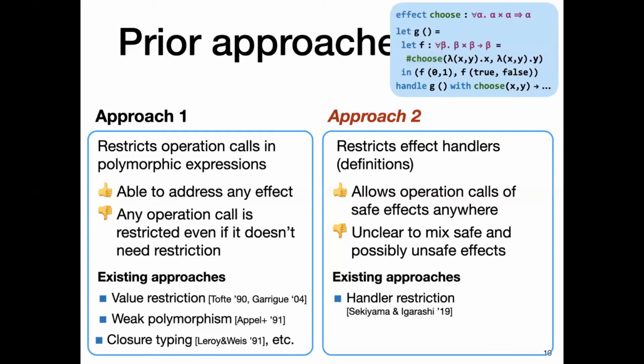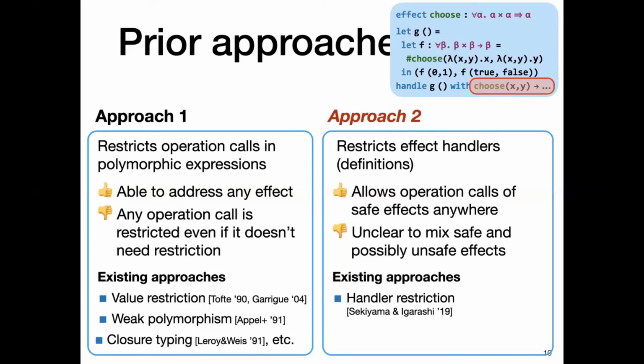As a complementary approach in the previous work, we provided a new approach to restricting effect handlers instead of operation calls. So in the running example, this approach restricts this part, effect handlers. A good point of this approach is that it allows operation calls of safe effects anywhere, and it rejects unsafe effects safely.